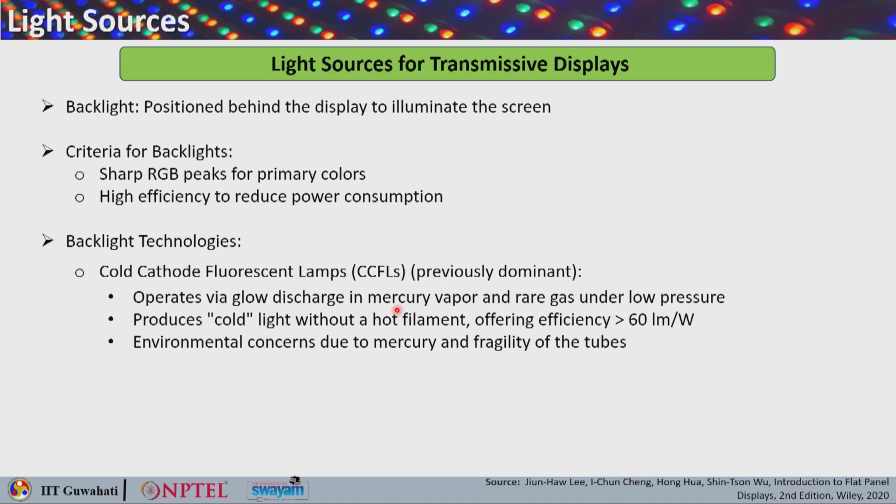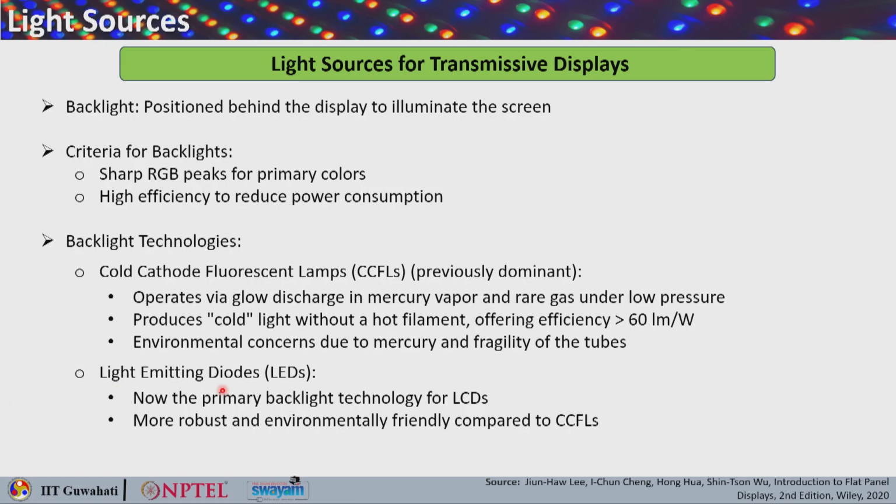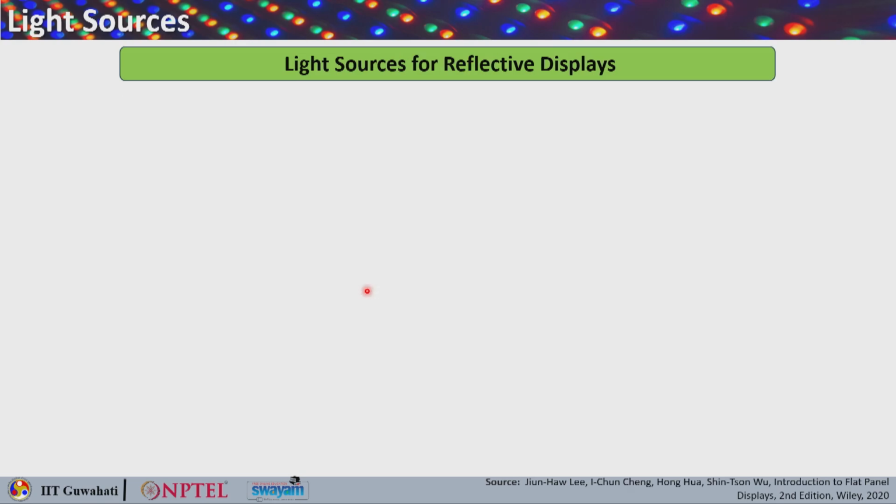But because mercury is carcinogenic and you are using it, there are environmental concerns due to the use of mercury and also the fragility of these tubes. Next comes LEDs, the light emitting diodes, which are now the primary backlighting technology used for LCD panels. Okay. These are more robust and environmentally friendly as compared to the CCFLs.